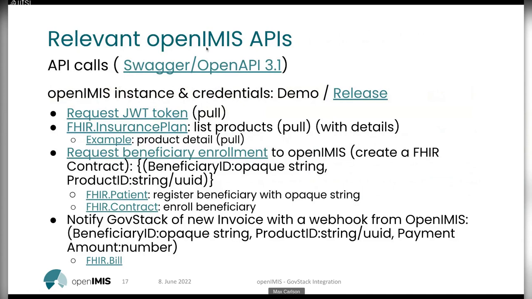This talks about some of the specific openIMIS APIs that we're planning to use, right? So first thing is we're going to use the login API to get a JWT token. Then we'll use the insurance plan to get lists of products with details, right? And that'll be displayed to the beneficiary or to the person trying to enroll somebody.